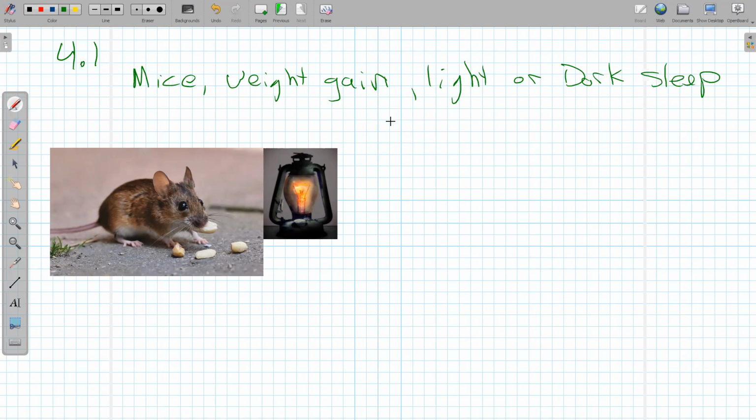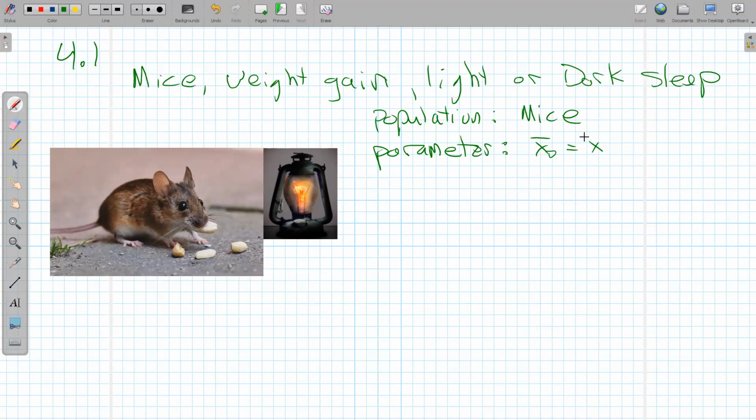So we have population. In this case, it's mice. Parameter. In this case, we have a mean difference. So I'm going to call it X bar D, kind of like before.